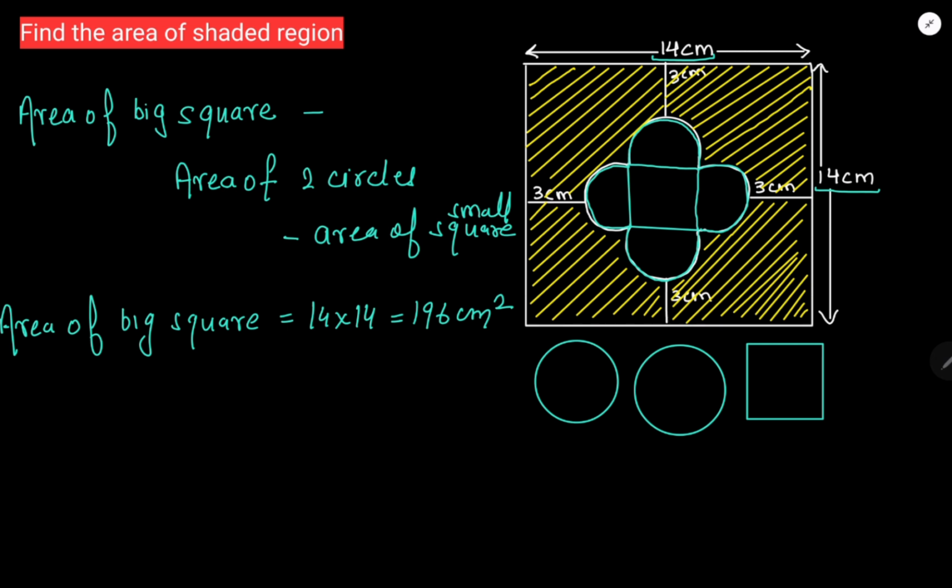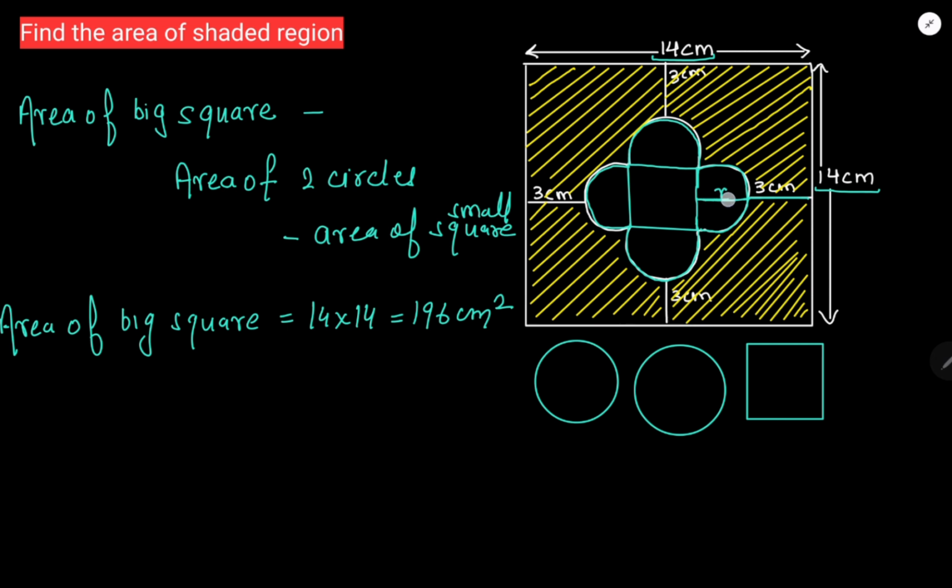I need to calculate the sides first. Suppose you are given this is 3, and suppose I take this as R, the radius of one circle.